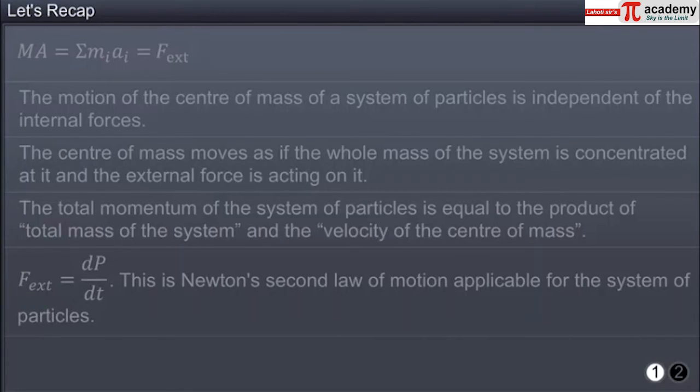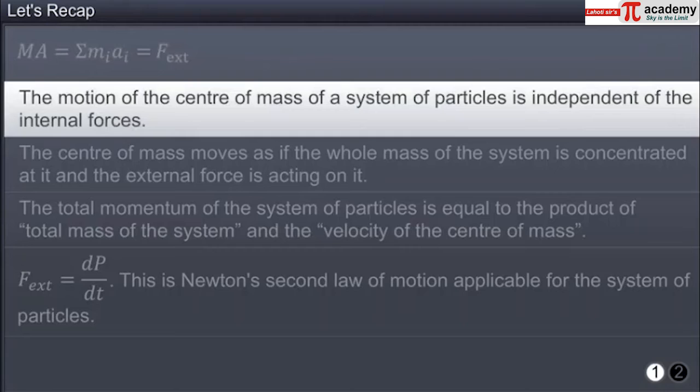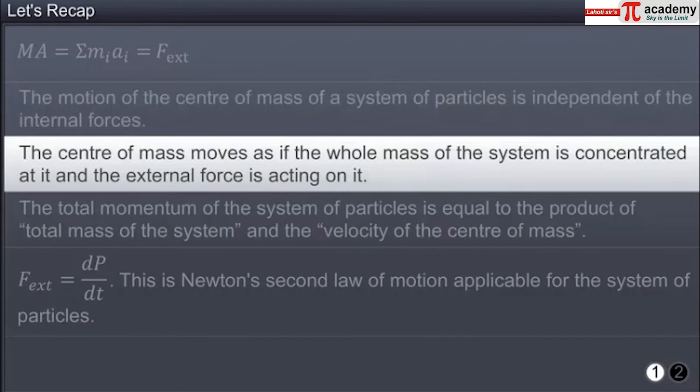You have now reached the end of this module. In this module, you learnt that Ma is equal to sigma mi into ai, equal to F external. The motion of the center of mass of a system of particles is independent of the internal forces. The center of mass moves as if the whole mass of the system is concentrated at it and the external force is acting on it.